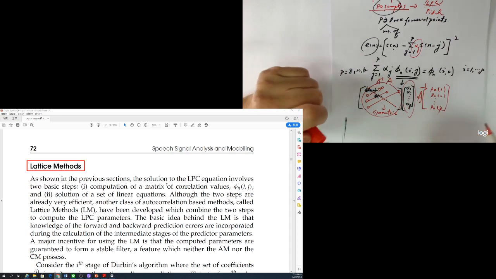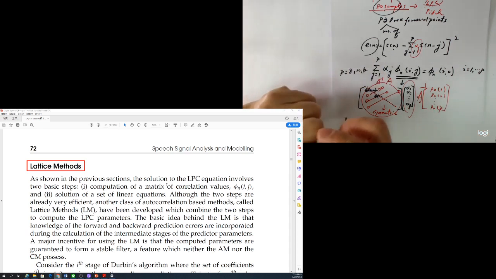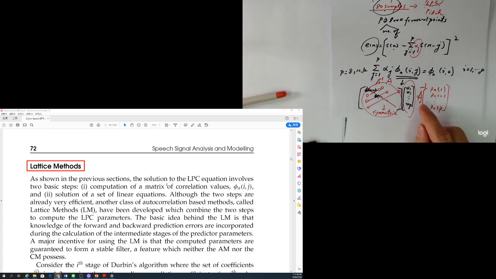So the autocorrelation method and covariance method both try to find the inverse matrix. However, if we consider the boundary condition differently, one matrix is a symmetric matrix and the other is a covariance matrix. So in different conditions, they use different ways to solve the inverse matrix.